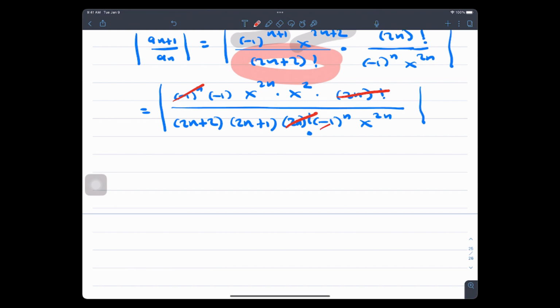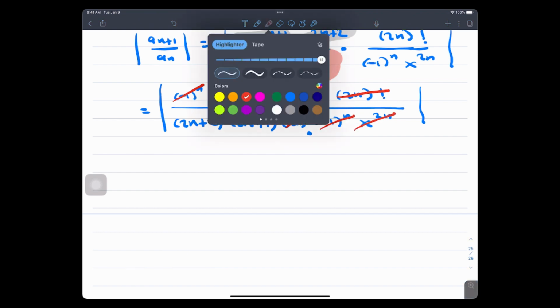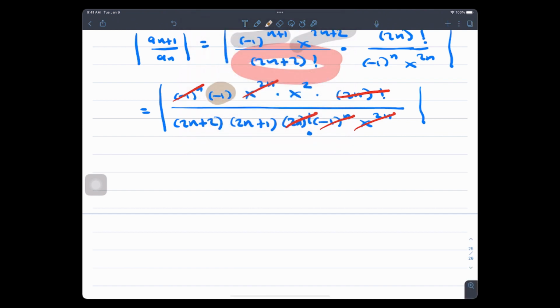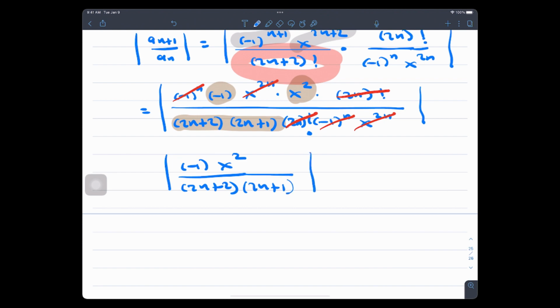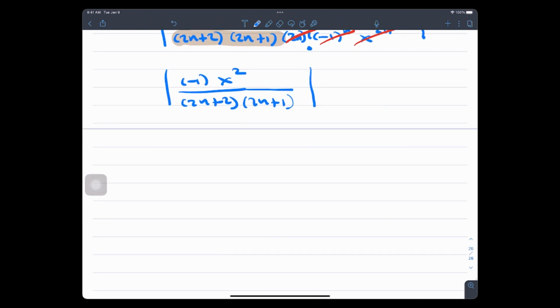Negative 1 to the n. I got an x to the 2n. And I think that's pretty much it, because what's left now is negative 1 x squared and then these terms here. Now, again, by properties of what? Absolute value here. We could take the absolute value of a quotient, absolute value of a product. We're really taking the absolute value of every term, right?